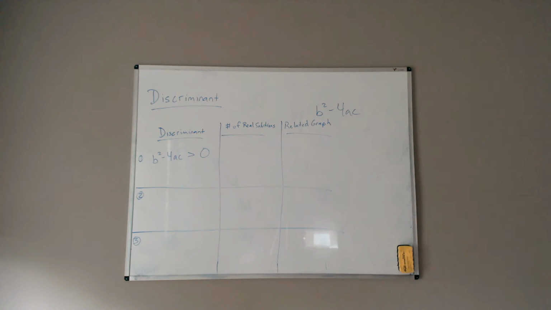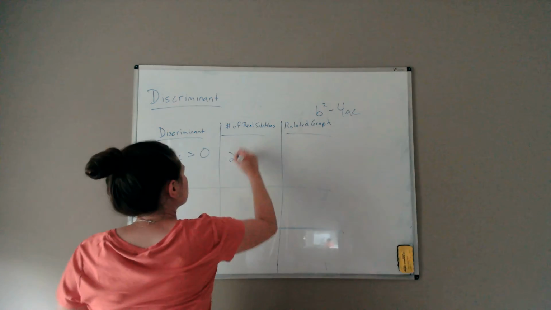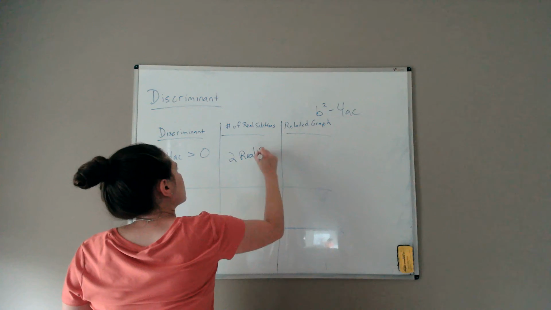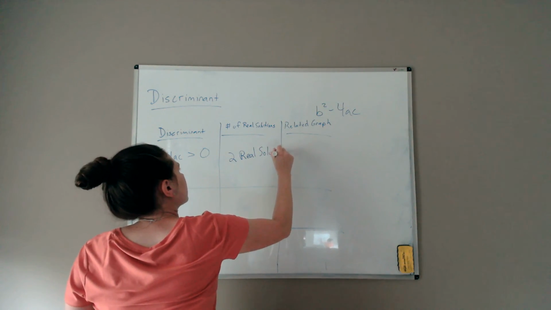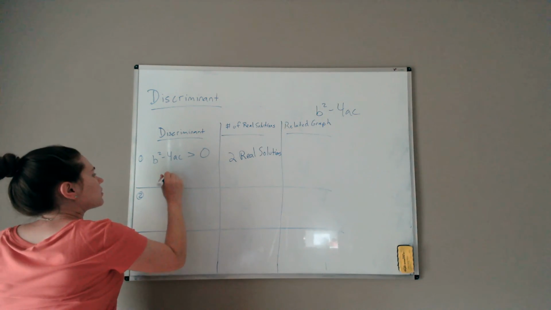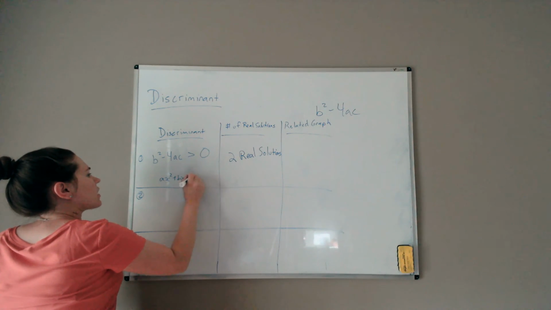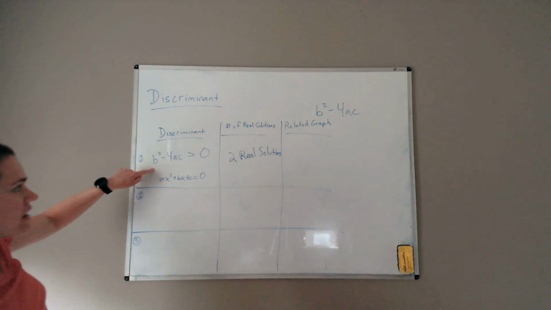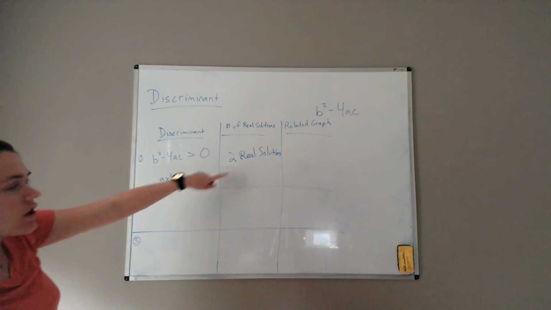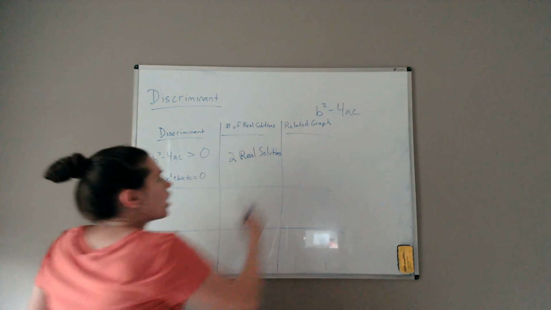So let's write that down. You will have 2 real solutions, okay? So if you solve for ax squared plus bx plus c equals 0, and you just look at the discriminant, and the discriminant is greater than 0, you will have 2 real solutions.